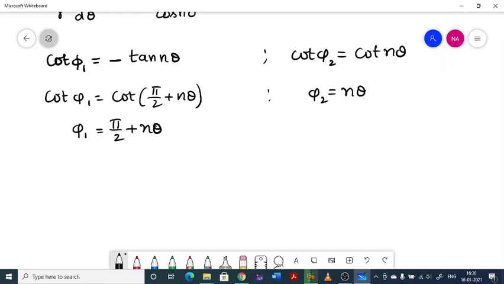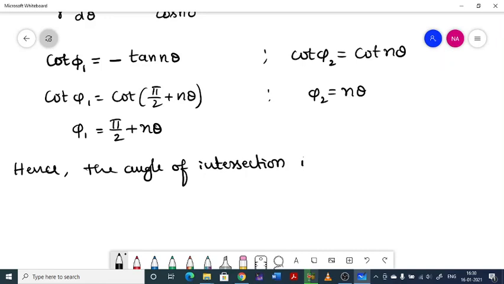Hence the angle of intersection is alpha equal to modulus of phi 1 minus phi 2, that is alpha equal to pi by 2 plus n theta minus n theta.